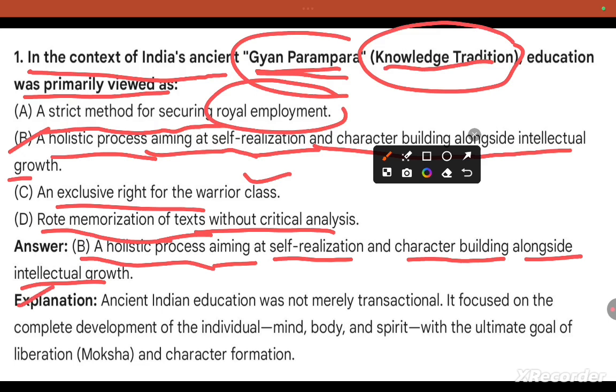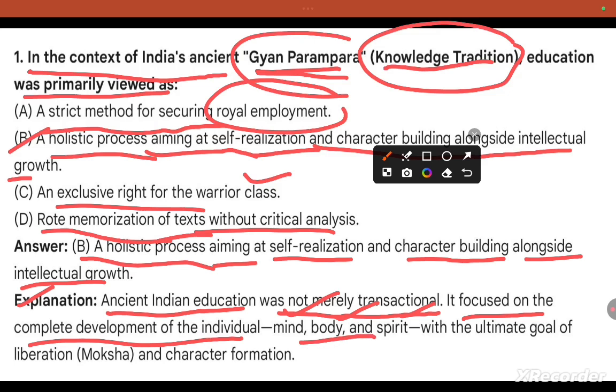That is answer B. Explanation: ancient Indian education was not merely transactional. It focused on the complete development of the individual, mind, body, spirit, all-round development, with the ultimate goal of liberation, that means moksha, and character formation.